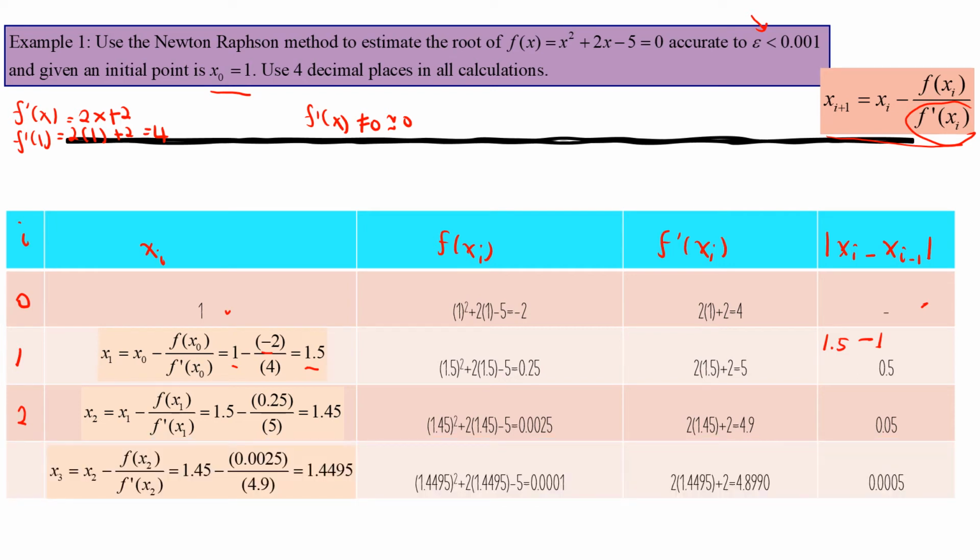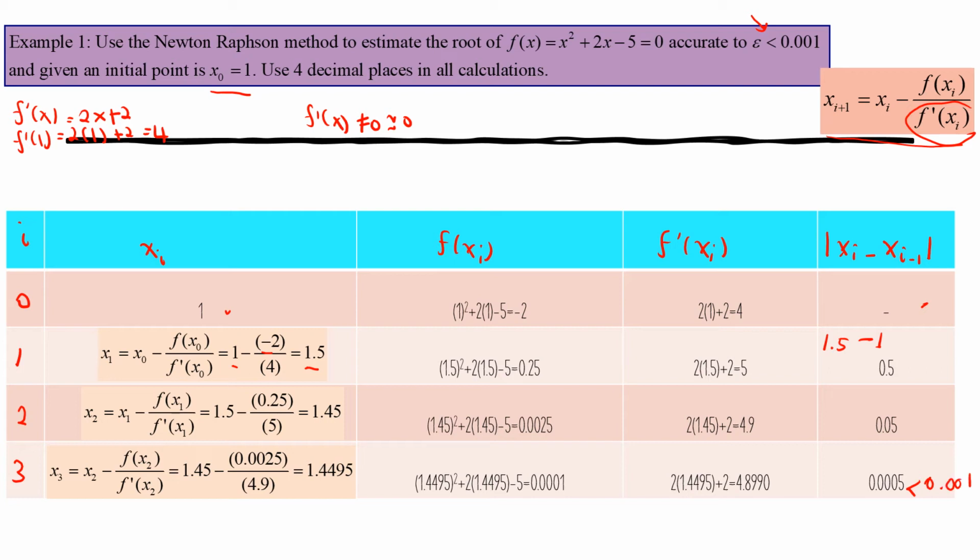So proceed to the next iteration. Okay, iteration 3, you get x3 equals 1.4495. Let's find f(x_i) and f prime of x_i. So you find the error: 1.4495 minus 1.45, you will get 0.0005. So this is less than the error given, 0.001.